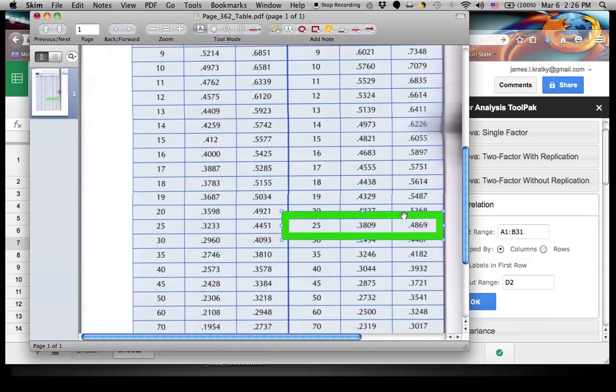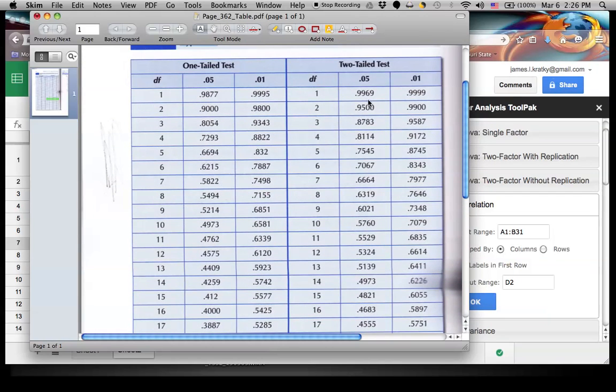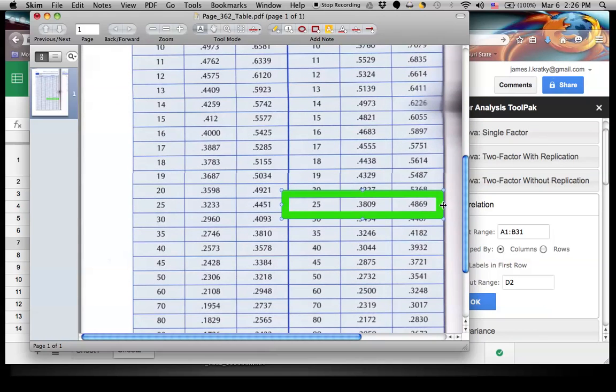So what we can say is if we can reject the null hypothesis for 25 degrees of freedom, we know that we can also reject for 28 degrees of freedom. So we're using a slightly different value there. And I'm coming back up here to this 0.05, that's what we've been using. So this is the value that I need.